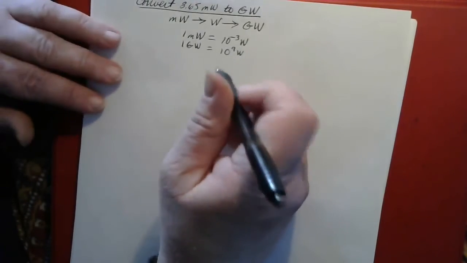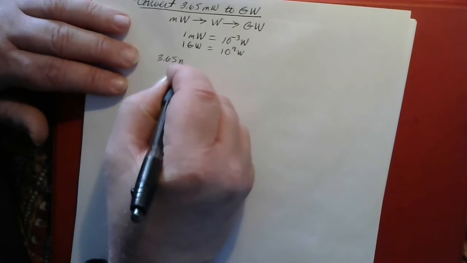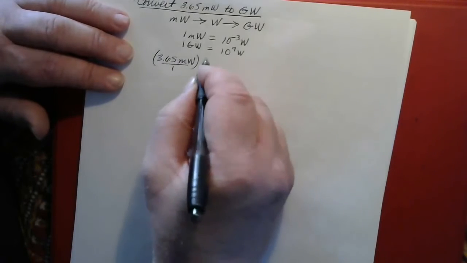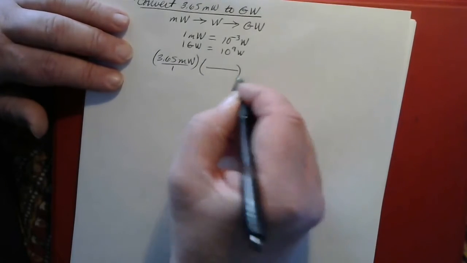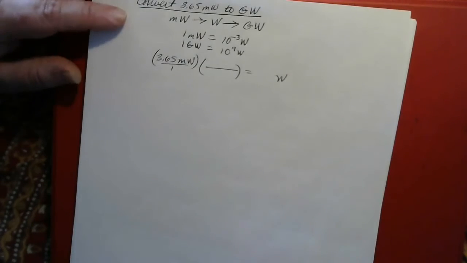Okay, so we're dealing with some pretty big numbers in part of this anyways, but basically we treat them the same as we do with any other conversion. To start with 3.65 milliwatts, we will have a conversion factor that we multiply that by, and we will get a certain number of watts.